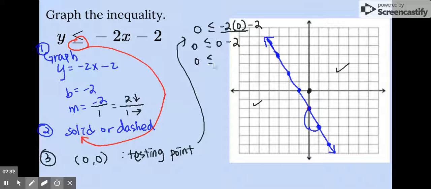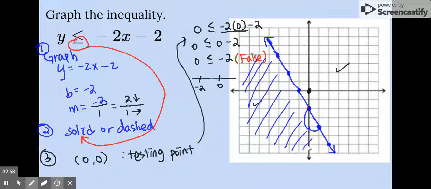And 0 is less than negative 2. What do you think? 0 is less than negative 2 or greater than negative 2? It's greater than negative 2, so which means this is a false statement, right? If it's false, then the other side is going to be the answer.